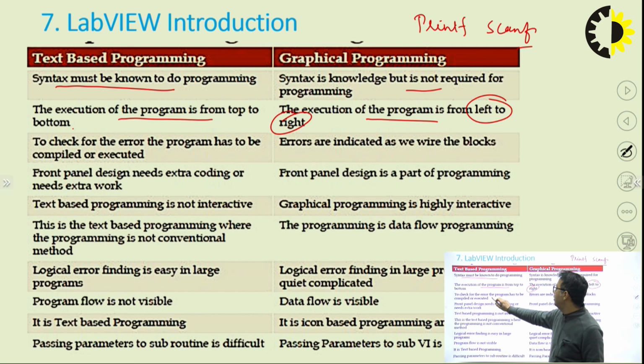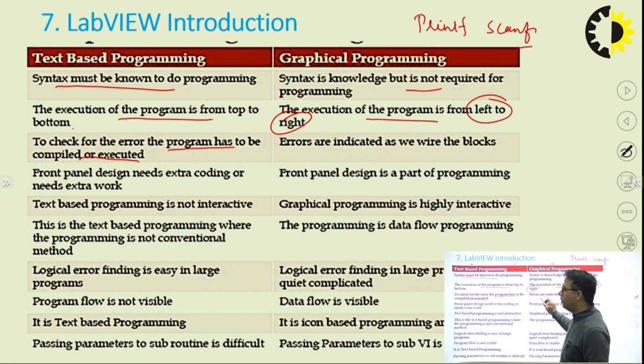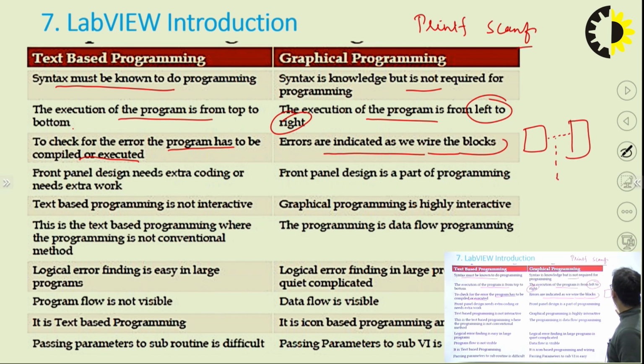To check errors, a text program has to be compiled or executed. Here errors are indicated where we wire the blocks. Some blocks are connected through wires like this, and if some error is there, the wire will show as a broken wire. That broken wire indicates that some error has been created.